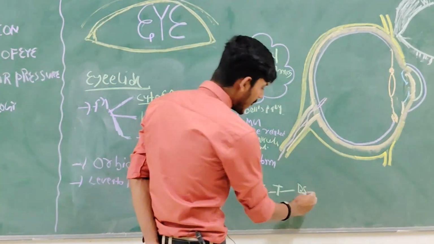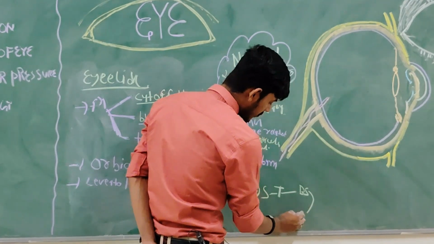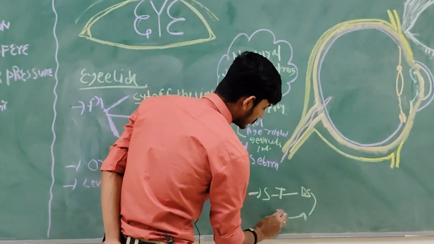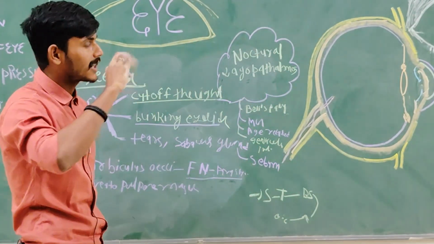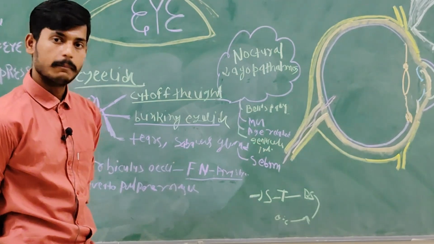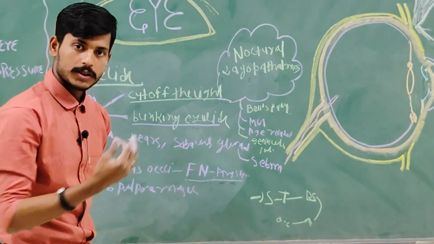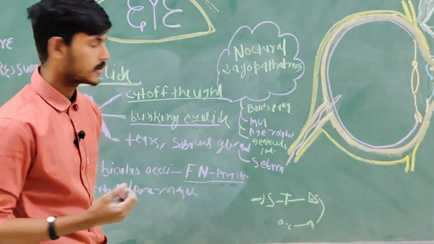The brain stem, via the facial nerve, sends a message to the orbicularis oculi muscles, and the eyelids start blinking. That's basically a reflex. So blinking of the eye during exposure to dust is involuntary, a reflex process. Understood?